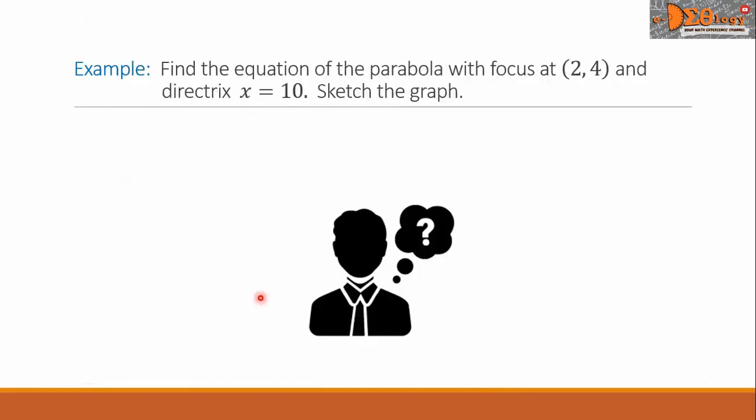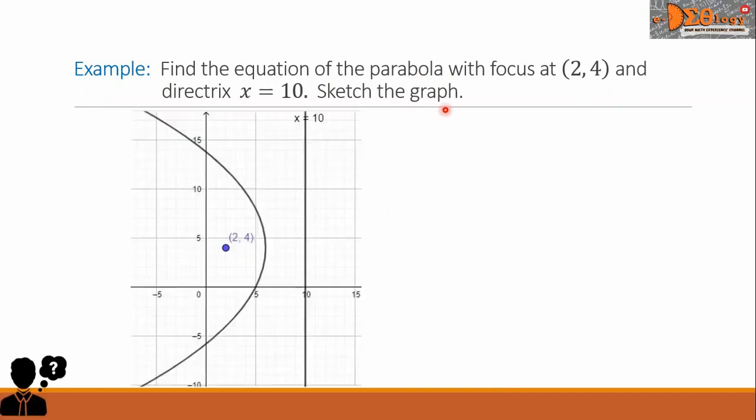Let us see this example. Find the equation of the parabola with focus at (2, 4) and directrix x equals 10. Sketch the graph. For our solution, let us first write the point (2, 4) as the focus, and this is the line x equals 10.